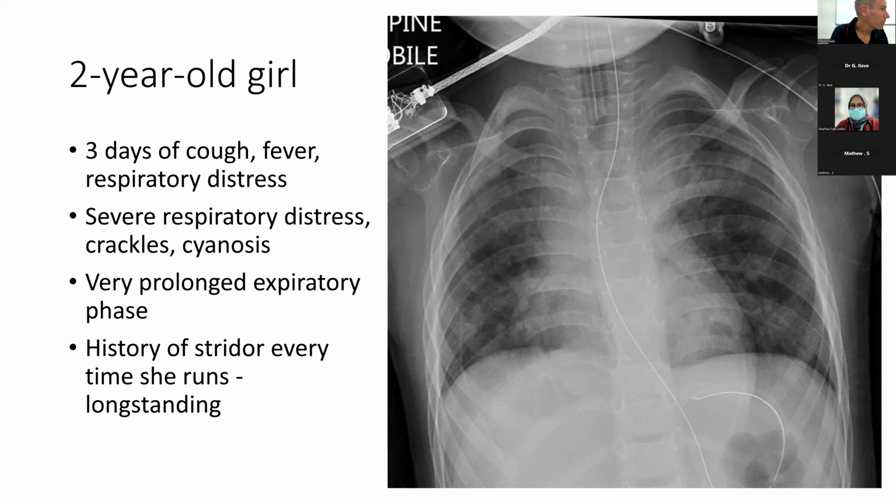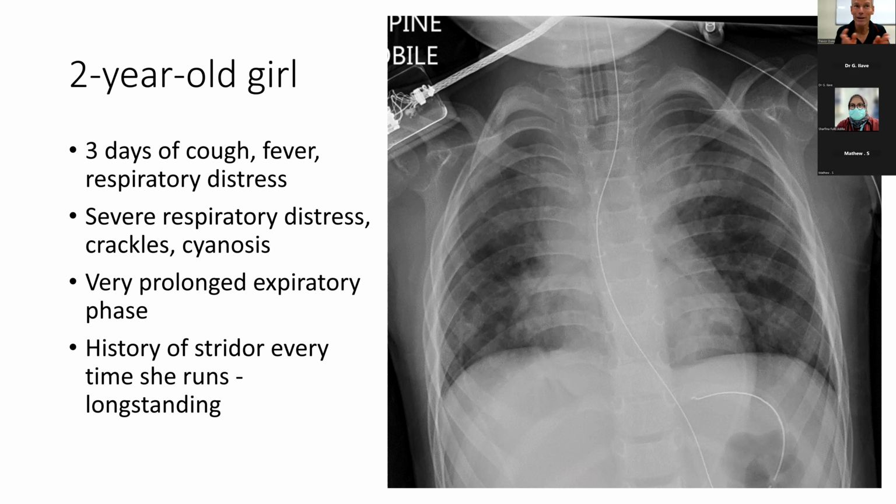But there are a group of children that have what's called spasmodic croup. Instead of having croup related to a viral infection, they have croup like asthma. Just like children have exacerbations of asthma when they get exposed to a virus or an allergy, there are other children that can have spasmodic croup. Although, remember, this story is a history of stridor every time she runs.